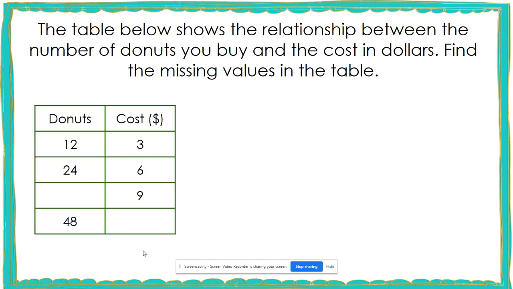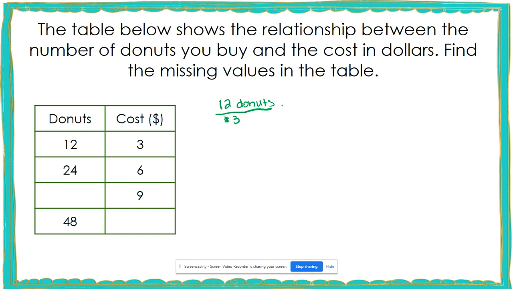This table shows the relationship between the number of donuts you buy and the cost in dollars. So we're going to find the missing values in this table. Again, the best way to do this is to look at the values that I know. So I know that 12 donuts cost $3, and I see that in this very first row.